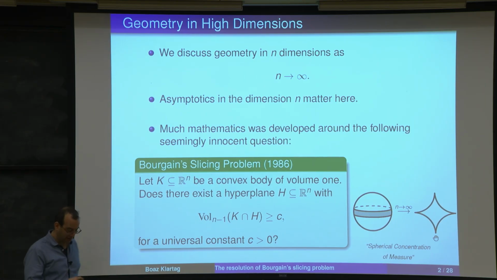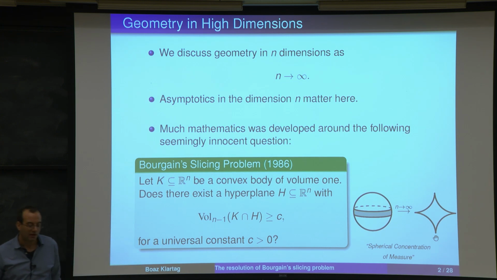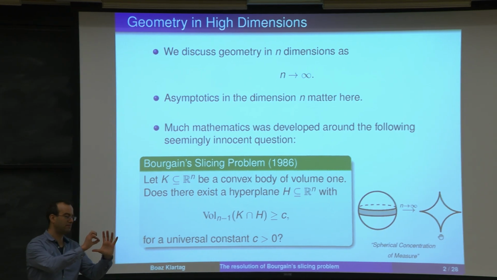Let me tell you that if you don't ask for a universal constant, but you allow a dimension-dependent constant, this is much, much simpler. For instance, let me tell you how to get a constant over square root of n under some mild assumption. There is a reduction to centrally symmetric convex sets. You assume a point of symmetry.